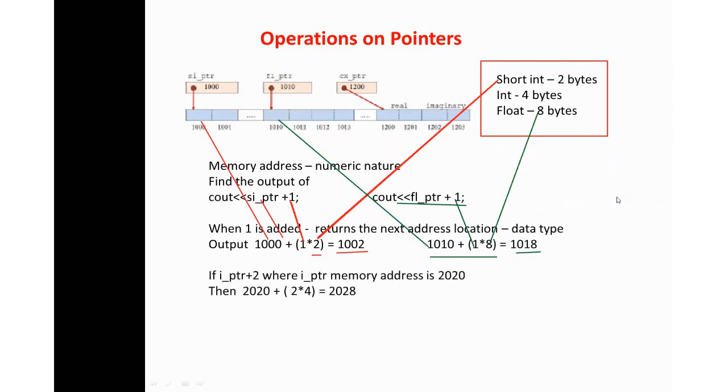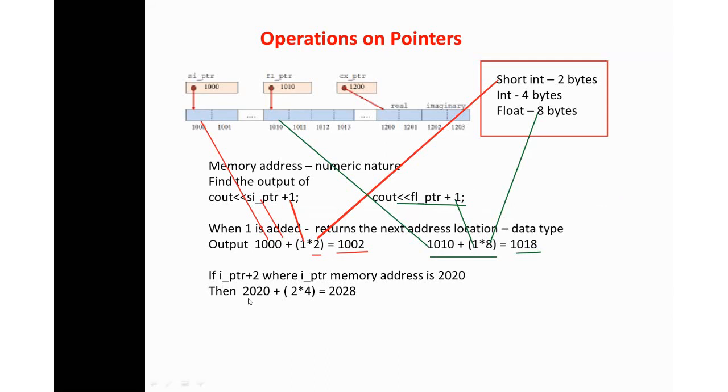So for example, if IPTR is some memory variable, plus 2. If I give IPTR, the memory address starts at 2020, and IPTR is of integer data type.